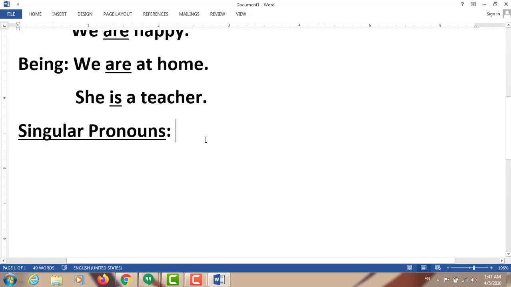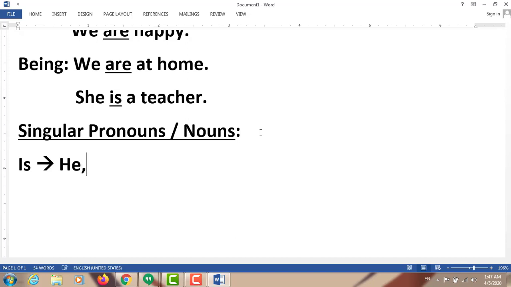Okay, so first, singular pronouns. Singular means those used for one specific person. Pronouns, and we can also say nouns. So for singular pronouns and nouns, what to be do we use? We use the to be is. We use to be is for singular nouns and pronouns. For example, he, she, and it.